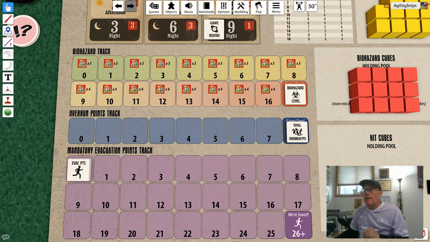But after you do that, you check your evacuation points. If it is less than 26, the players lose the game at that moment as well. However, if at that point you have 26 or more evacuation points, you have achieved the 1 victory condition for the players in this game.